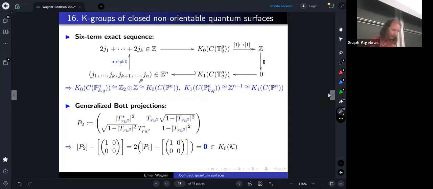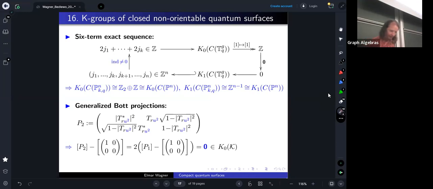For K1, you see here this image is a copy of Z. So the kernel is one-dimensional, and it reduces from n to n minus 1. And again, it's the same as in the classical case, because at least one of these has to be non-zero. So we have at least one element that doubles.